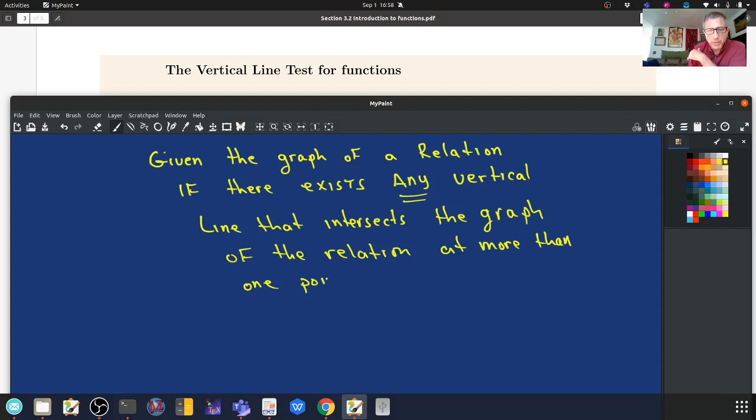you can think a point is a place, then the relation is not a function.